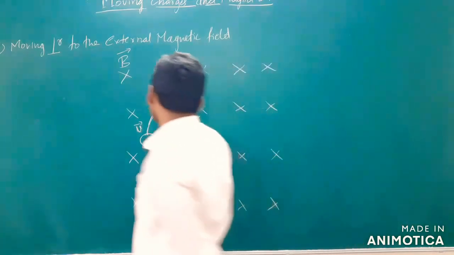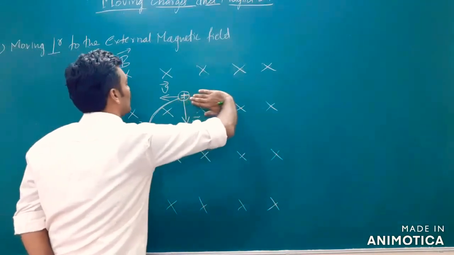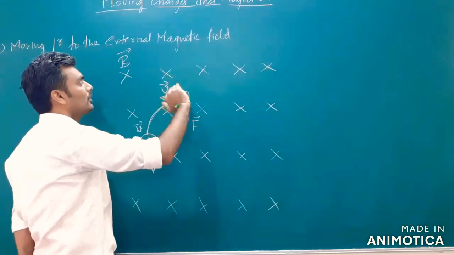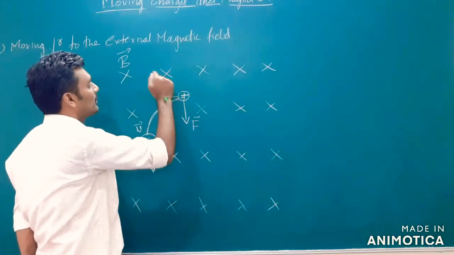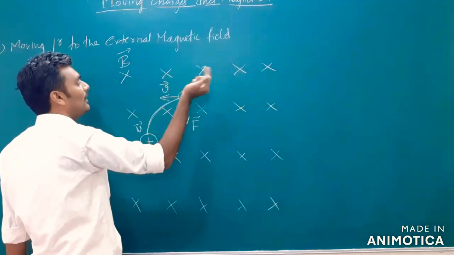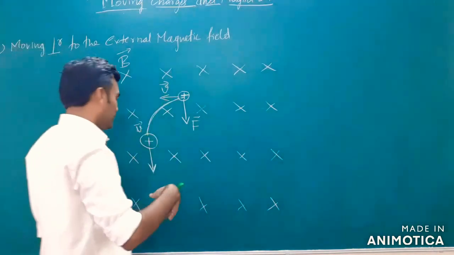Even when it was here, I should start from the tail, v cross b. I should turn my four fingers towards the tip of the vector b. Vector b will have the tip inside the board. That's how you should imagine.